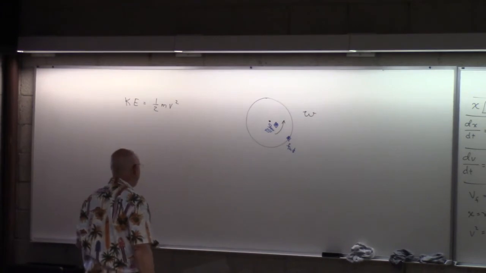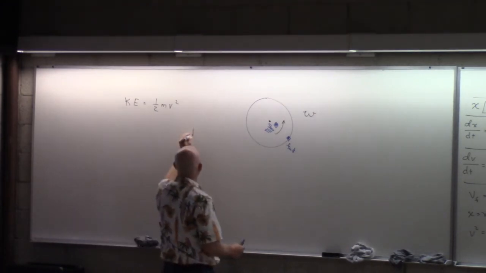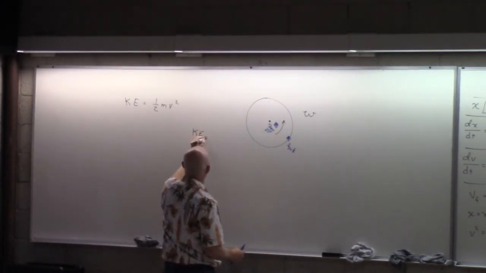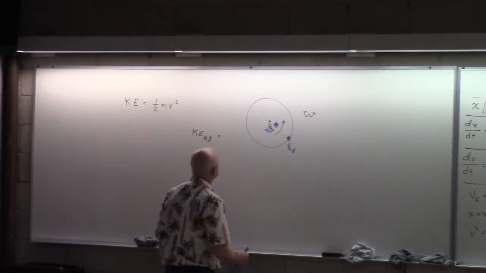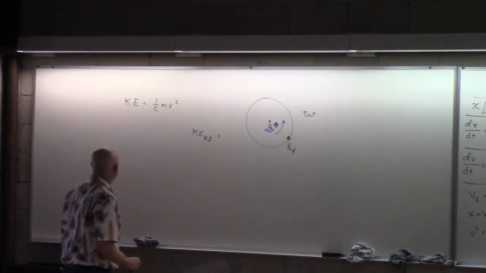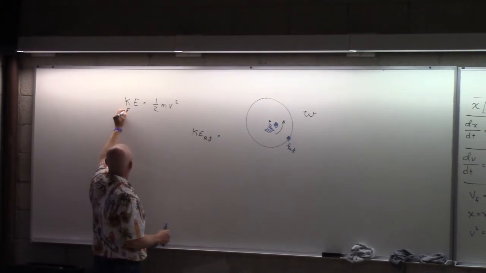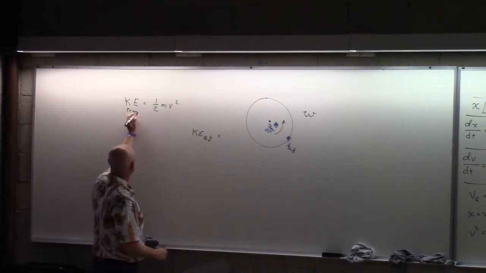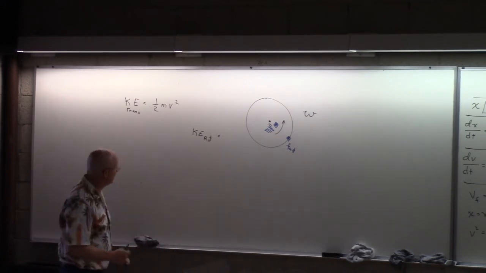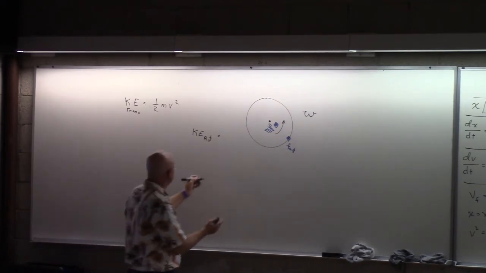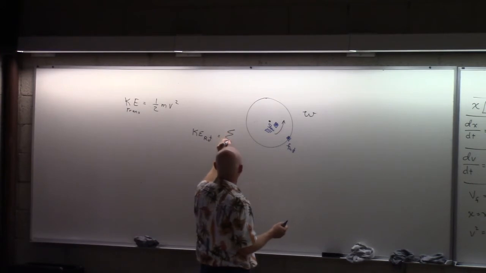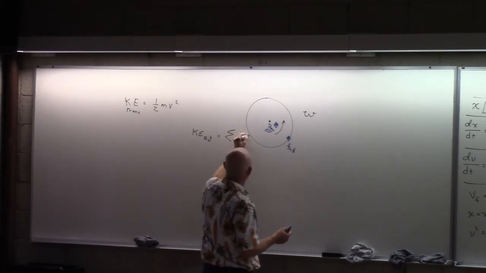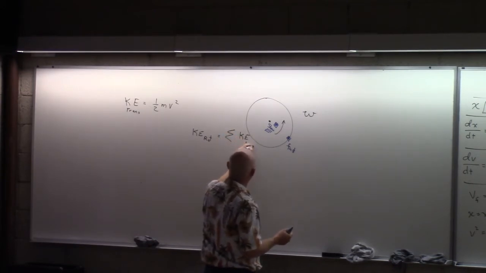So if I were to ask this question, what is the kinetic energy of rotation? And this then would be the kinetic energy of translation. I hope you're kind of seeing that all I would have to do is add up the kinetic energy of translation.